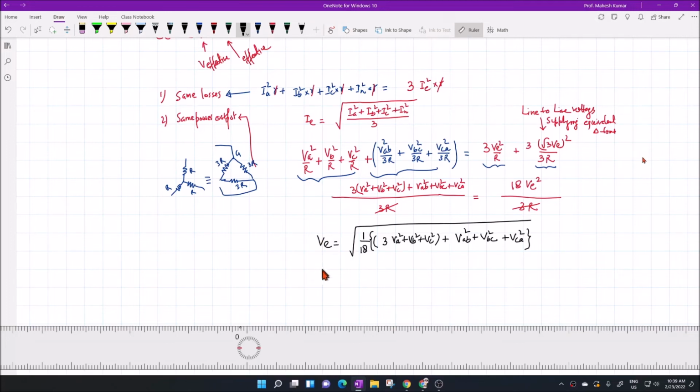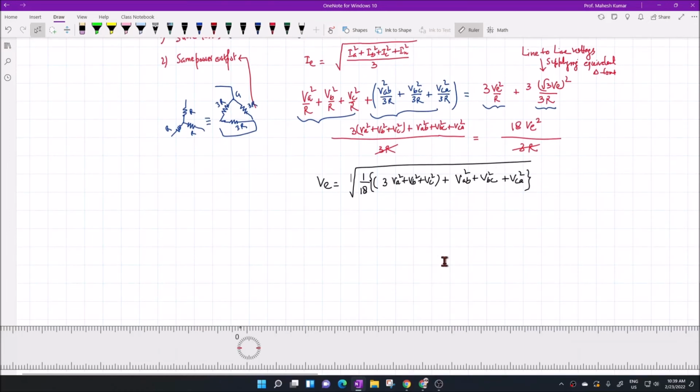So this is the VE for three-phase unbalanced circuits in terms of the effective circuit.